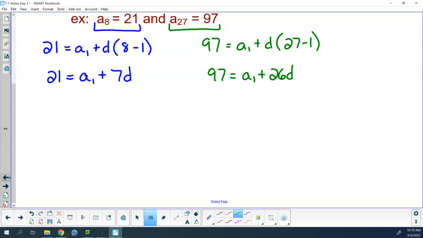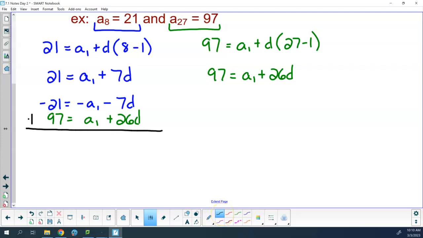I can take the blue equation and multiply that entire equation by negative 1. Then I take my green equation, and when I add those two together, boom, goes the a sub 1. Eliminated. It doesn't matter which equation you change the sign of.